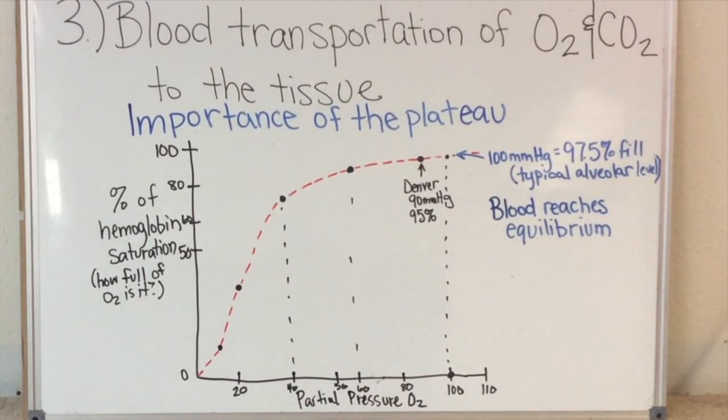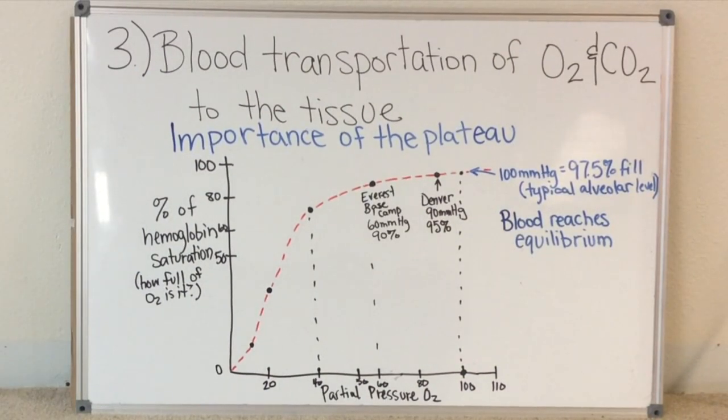This plateau portion of the curve ensures that we continue to have an adequate amount of oxygen available to our body. In fact, even if we were dropped at Everest Base Camp and had a 40% reduction in partial pressure, all the way down to 60 millimeters of mercury, our hemoglobin would still be 90% saturated.